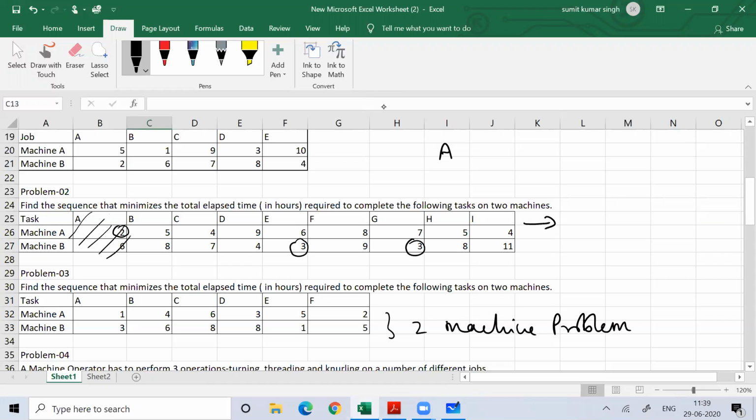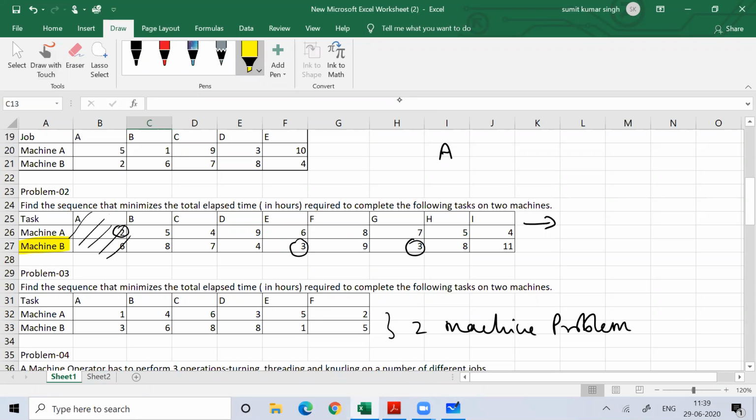But if you notice in this problem, for both task E and G, where the lowest value is 3, it is on machine B. You can see both are on machine B.